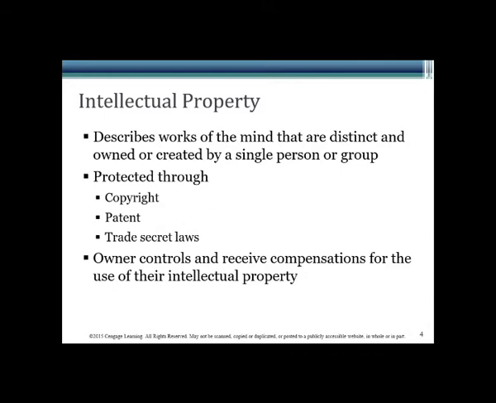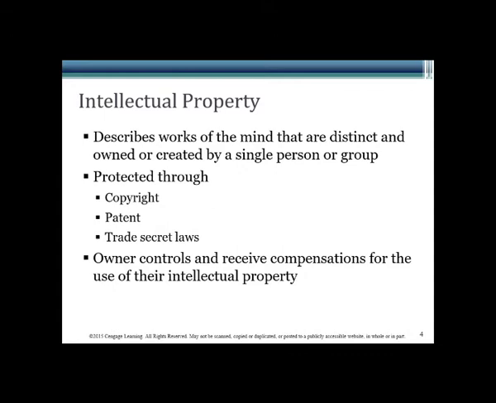Intellectual property is protected through copyright, patent, and trade secret laws. Copyright law protects authorized works such as art, books, film, and music. Patent law protects inventions, and trade secret law helps safeguard information that is critical to an organization's success.